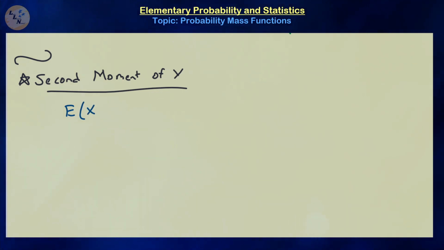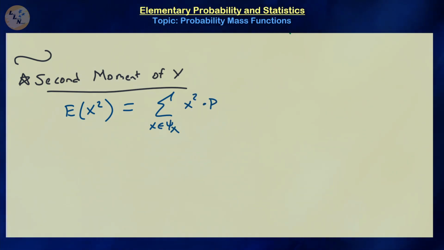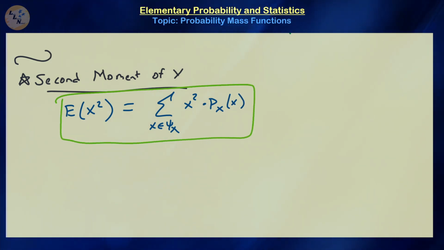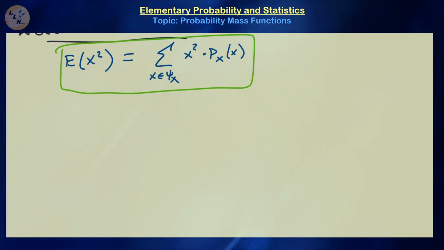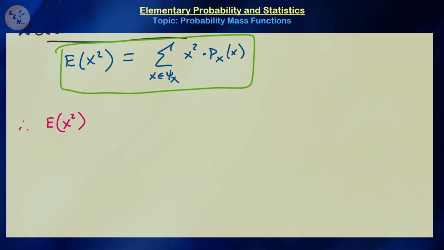So for example, the second moment of x is defined to be equal to the sum across all values in the support of our random variable of x squared times their corresponding probabilities. So that's the second moment. So how would you calculate this for our example? The second moment of our sum of dice is going to be equal to, so the smallest value is 2 squared times its probability.